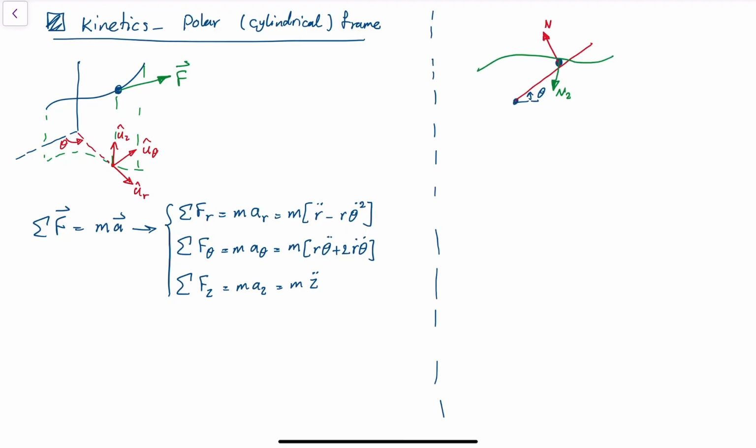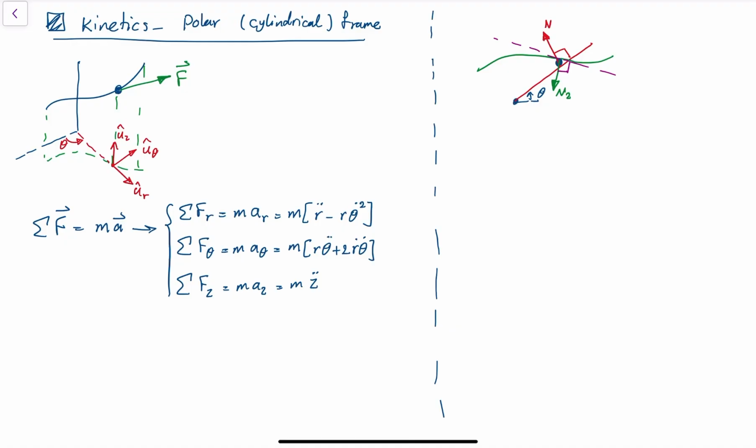This N1, normal forces by definition, are normal to the contact surface. So that one is perpendicular. The other one is going to be perpendicular. Is it perpendicular? Almost perpendicular to the tangent line.